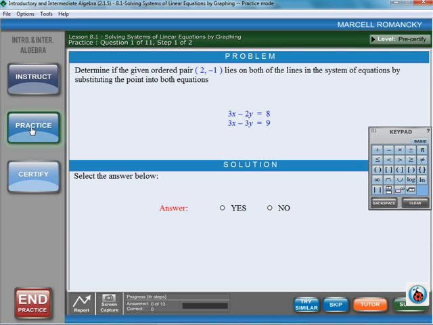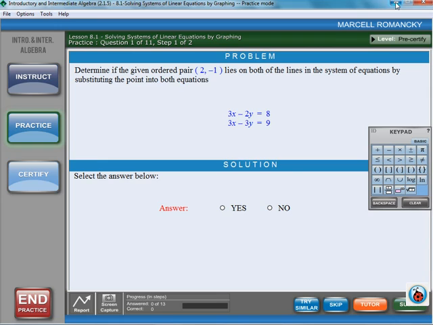It says on the top, determine if the ordered pair of 2, -1 lies on both of the lines in the systems of equations by substituting the point into both equations. So we've all done substitution before, and substitution means that I simply replace the values within our x and our y, plugging in 2, because that's our x value, for x, and -1 for y, and we're going to find out whether that works or not.